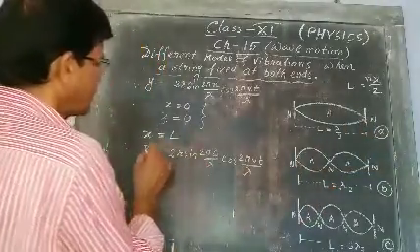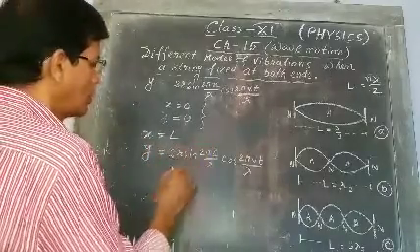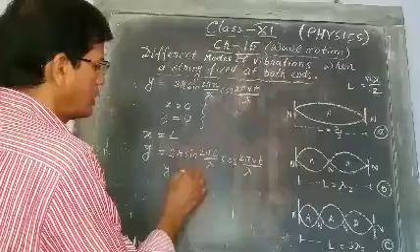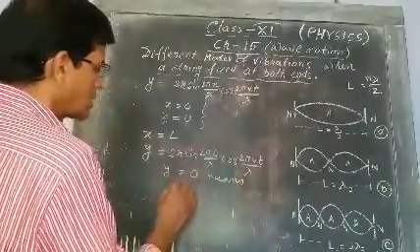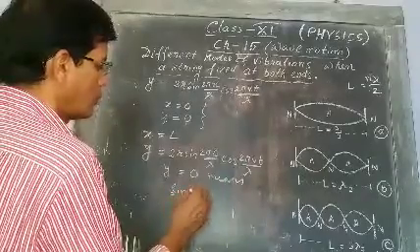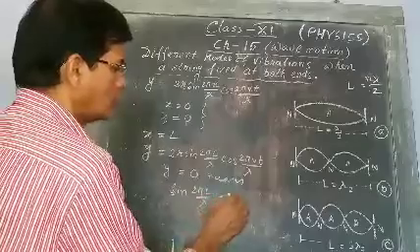What does it mean? This term should be 0. So sin of 2 pi L by lambda must equal 0.